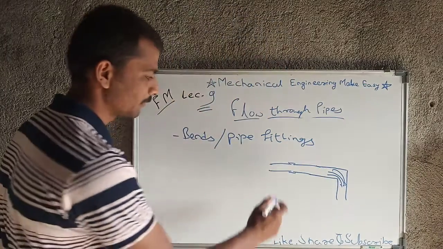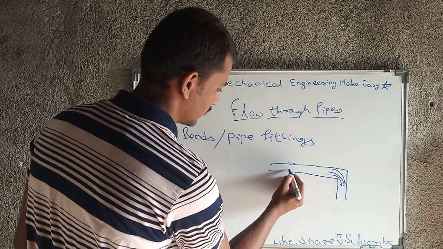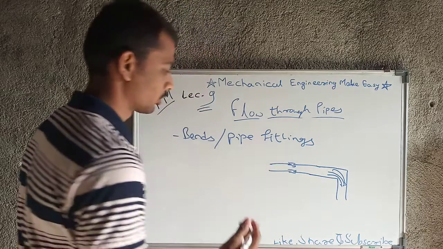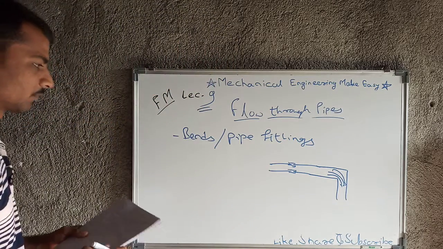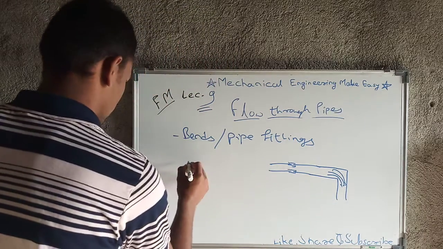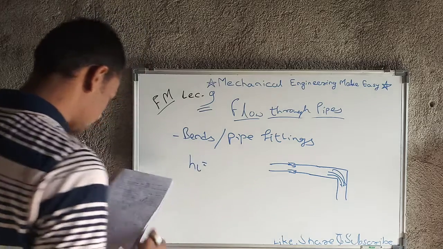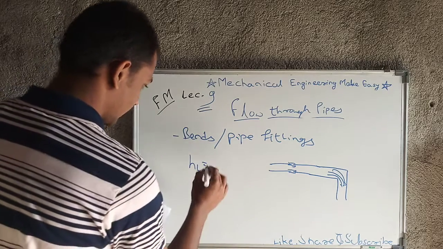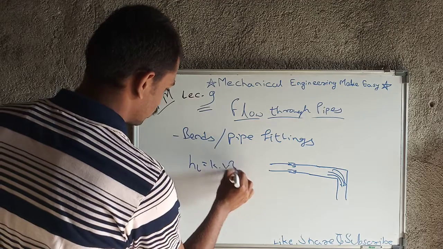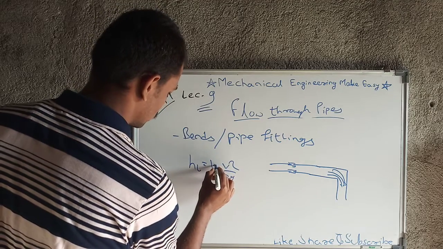And in the case of pipe fittings there is also loss. So what exactly is the value of that loss? HL is equal to K into V square upon 2G.